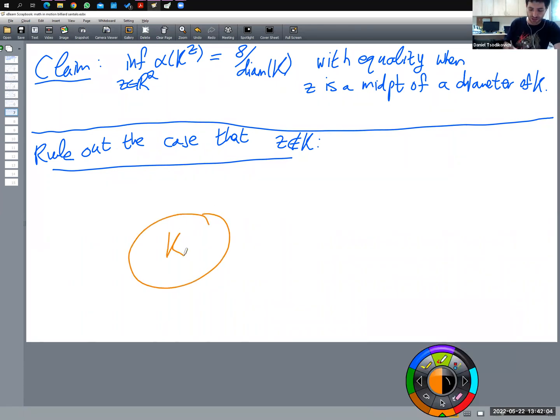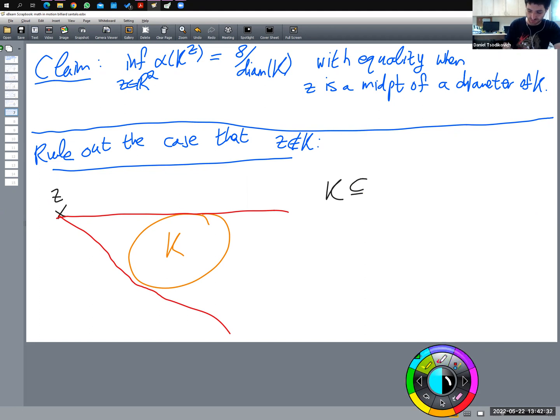If this is K and we have a point z which is not in K, you can take two support lines to K that pass through z. This gives you an inclusion between K and this sector. So here you have a sector.